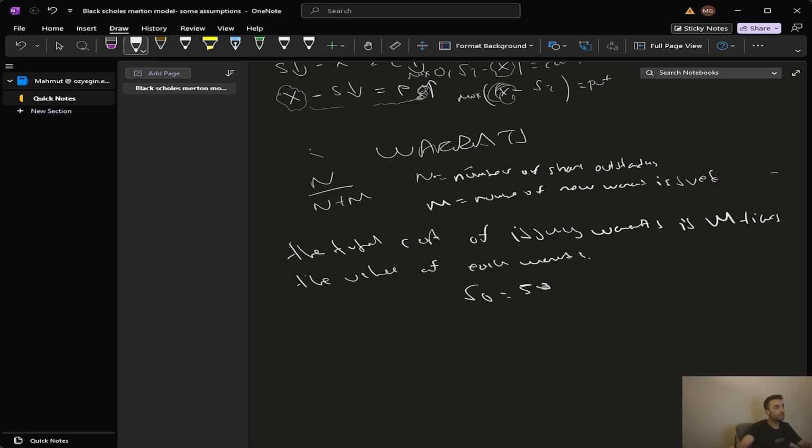Spot is the stock price, and say N is 1 million, M is 2000, call is C, and W is what we want to find. We have the regular call here, and here is the call.